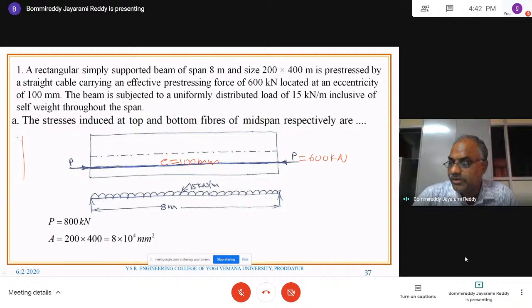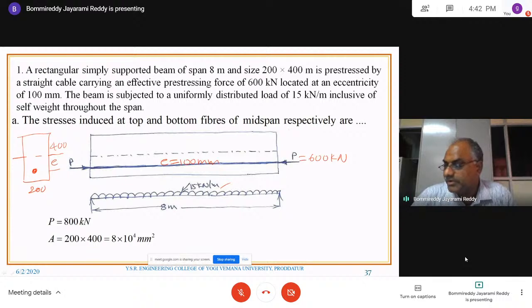Size of the section is 200 by 400 overall, and the pre-stressing cable is at this level, and it is called the eccentricity. The beam is subjected to a uniformly distributed load of 15 kilonewton per meter, inclusive of self weight. Inclusive of self weight, so only one moment term will come into the picture. The question is, the stresses induced at the top and bottom fibers of midspan respectively are.